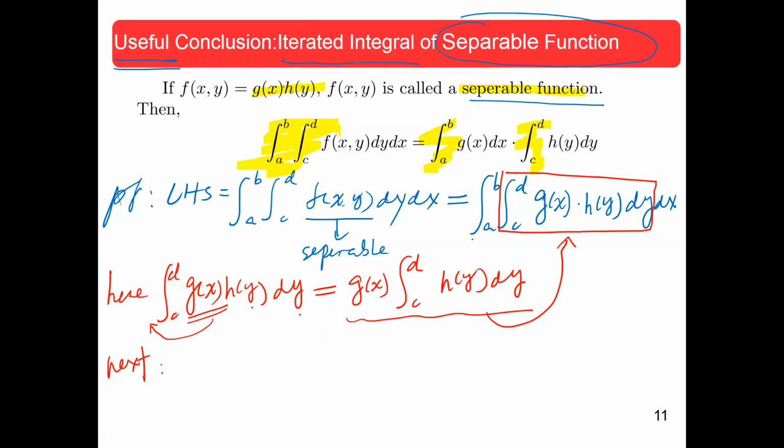Next, we're going to go to the outer integral. So we have a to b, dx, and g of x, c to d, h of y, dy.